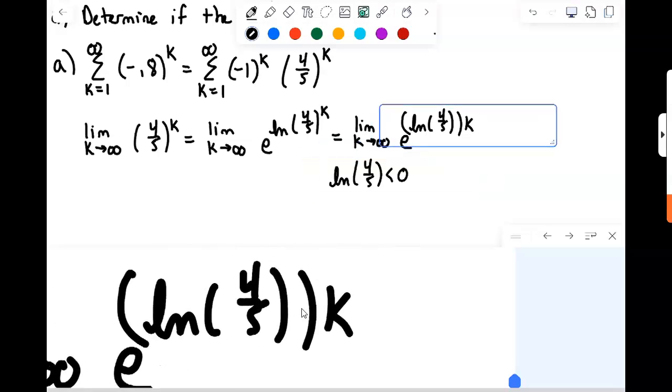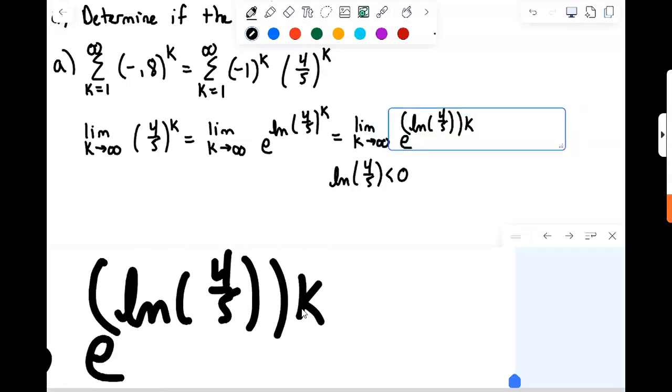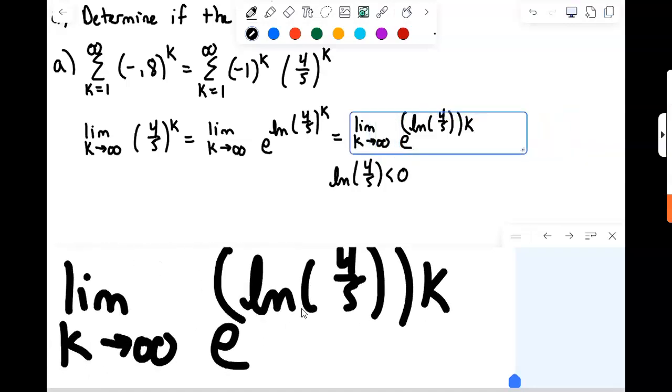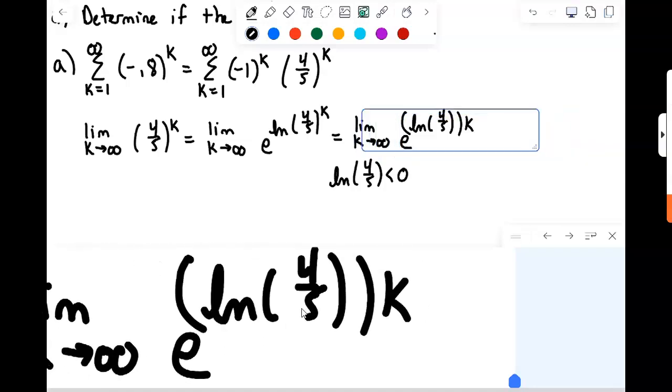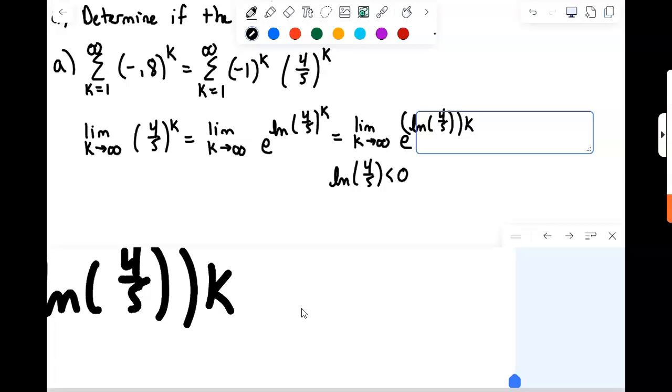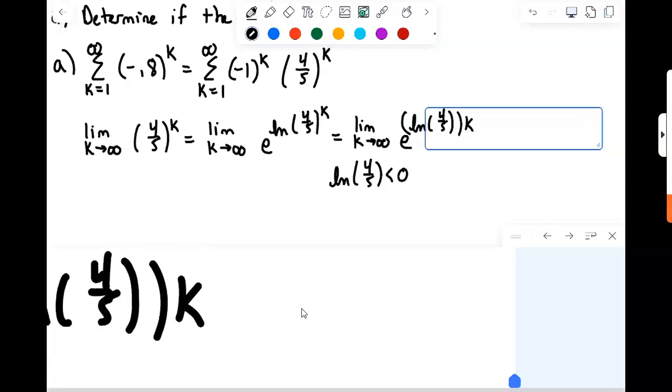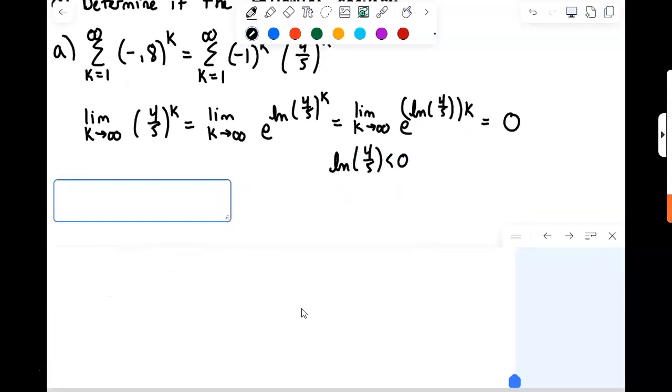So this is e to a negative power, meaning that we could really write it as 1 over e to the negative of that stuff. So we have 1 over e to a positive power. And so then as k goes to infinity, e to the positive power times k is going to go to infinity, and 1 over that would go to 0. And so therefore it converges.